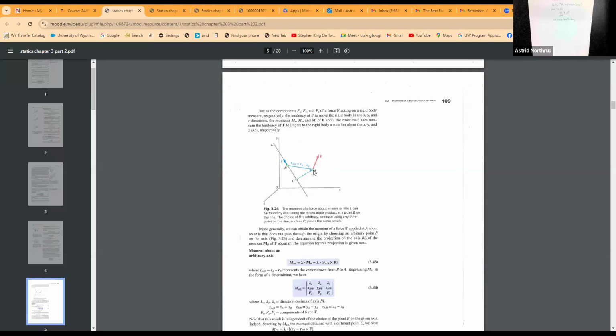The vector x, y, and z, the second row of that determinant, is going to be the vector that goes from point A to point B. In other words, from the line of action of the force F to the line that we're taking the moment about.